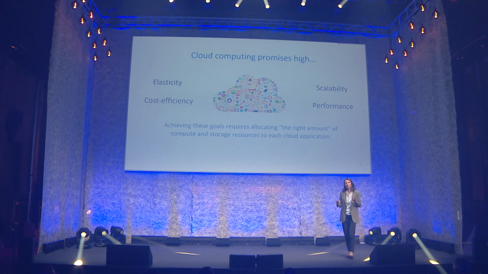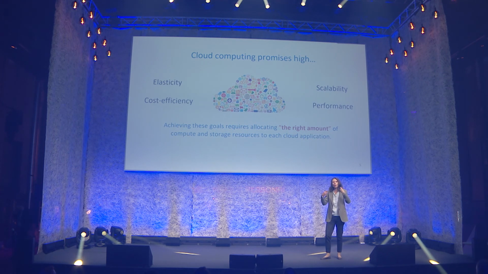Now, one thing we're assuming here, in order to achieve these elasticity, cost efficiency, and performance goals, is that we can give each cloud application the right amount of resources that it needs, in terms of both computing power and storage. And it turns out figuring out this right amount is quite challenging, because we want to give applications enough resources so that they can achieve their peak performance, so they're not bottlenecked on either compute, network, or storage.